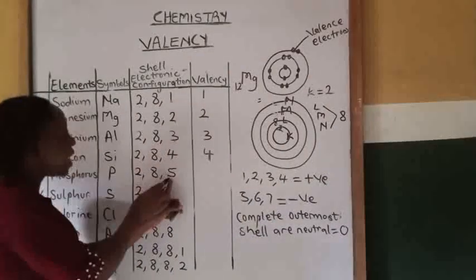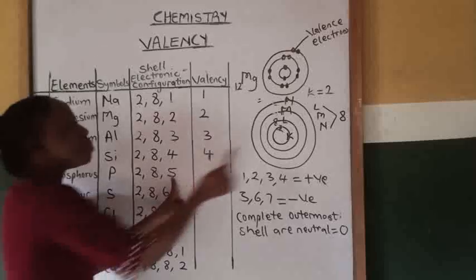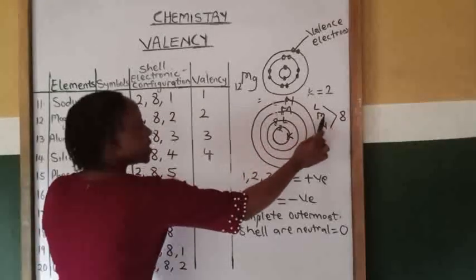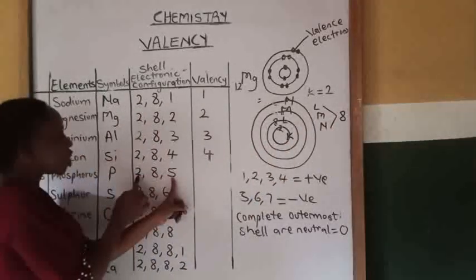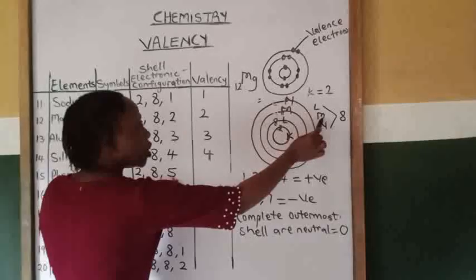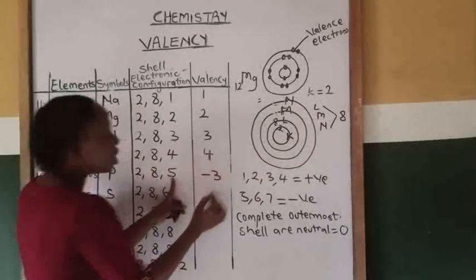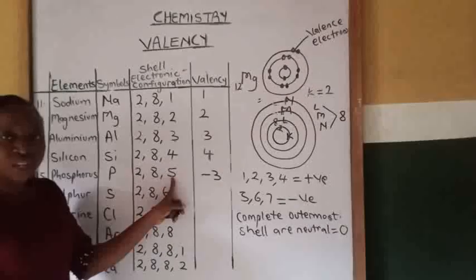Now, for this element, the valence electron is 5. Then it needs what? 3 more to complete that M shell, because this is the third shell, K, L, M. So it needs 3 more electrons to complete the M shell. So therefore, the number of valency will be equal to -3 because it needs 3 more electrons.